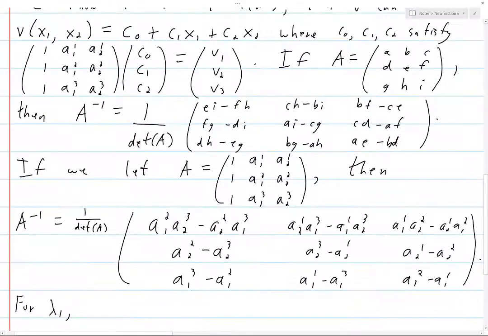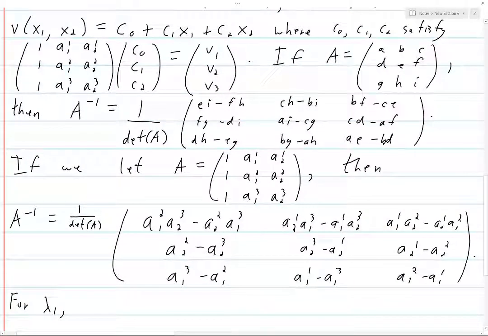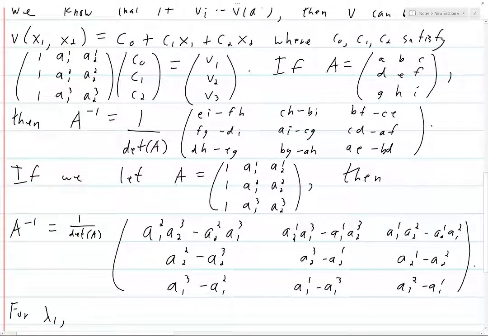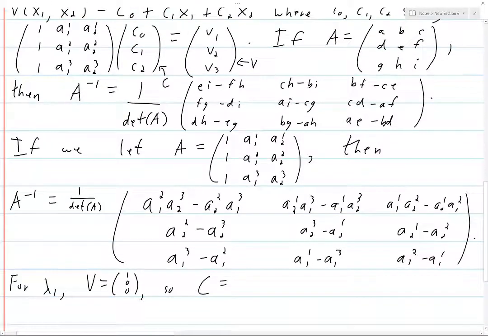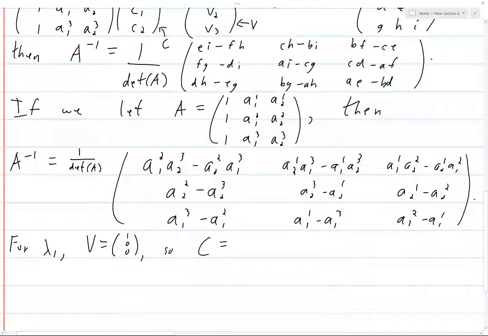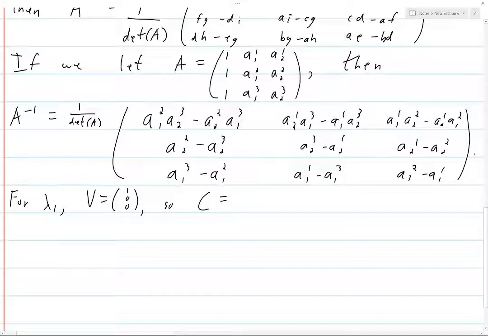Let's call this the vector capital C, and this will be called the vector capital V. So V is 1, 0, 0. So C is going to be, well, if A times C equals V, then C must be A inverse times V. And A inverse is given by this formula up here.